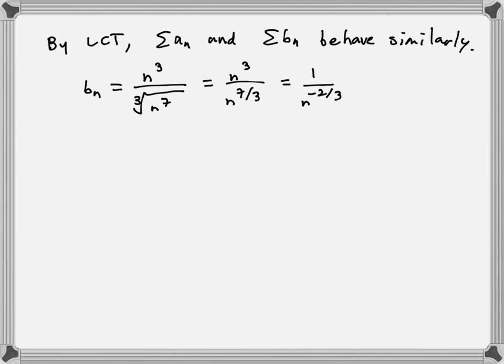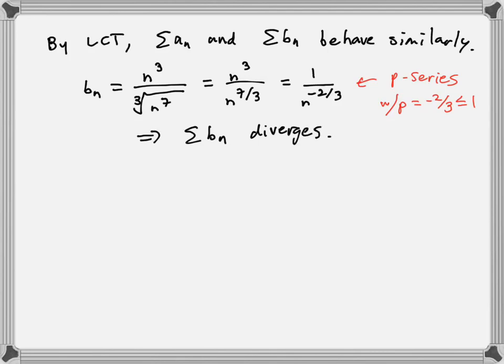So what can we say about this? This guy is a p-series with p equals negative 2/3, which is certainly less than or equal to 1. So what does this mean? This means that Bn diverges. So this implies that An also diverges. And we're done.